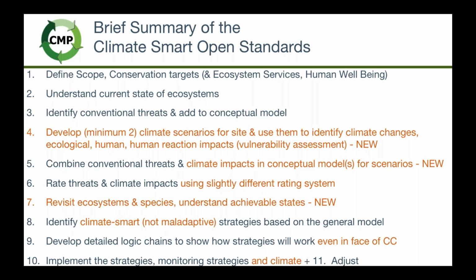I have a question, Tobias. Yes, go ahead, Tobias. So you do away with the desired state of the ecosystems, correct? And my question is, even in the face of climate change, we might have what we want to achieve with conservation. That's in any case a matter of societal choice, something that people agree on.